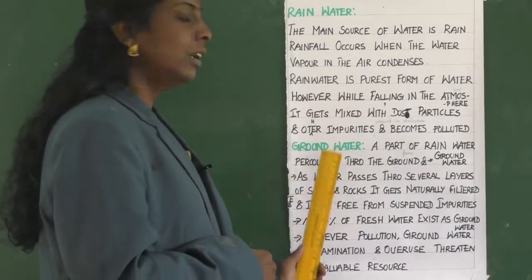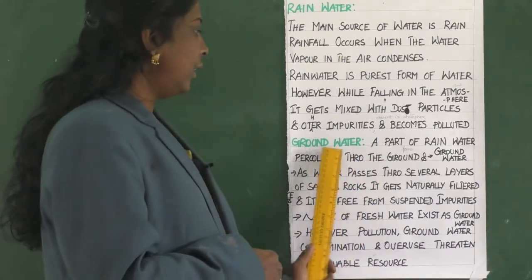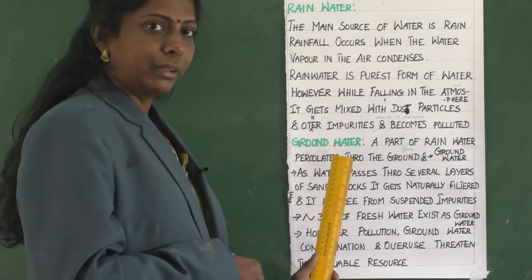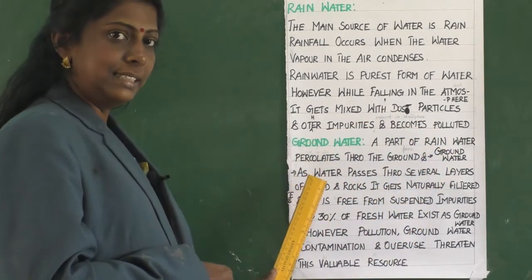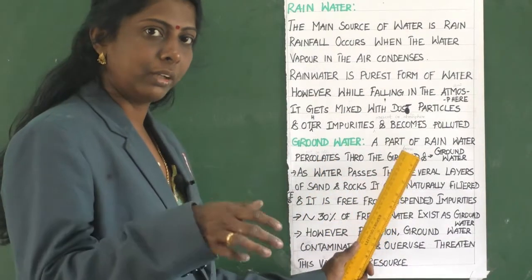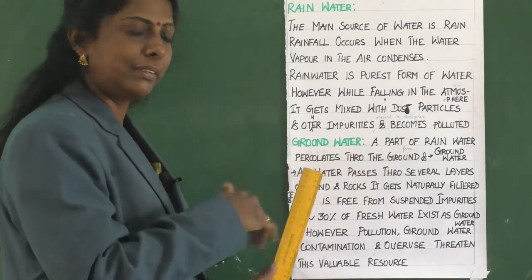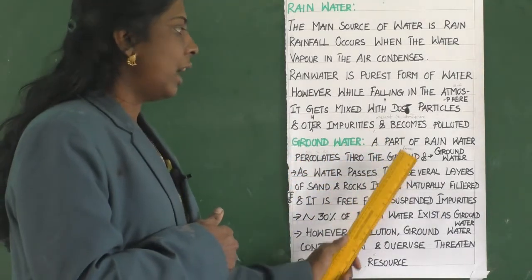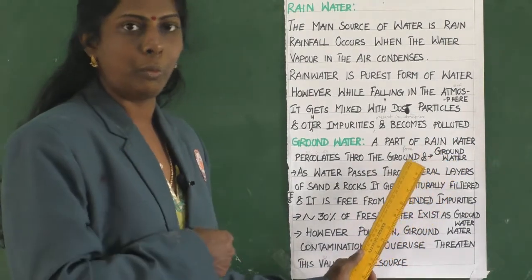Next thing is about groundwater. The next source of water is groundwater. A part of rainwater percolates through the ground. It will penetrate the ground, or else we can also use the word percolates through the ground, and forms groundwater.